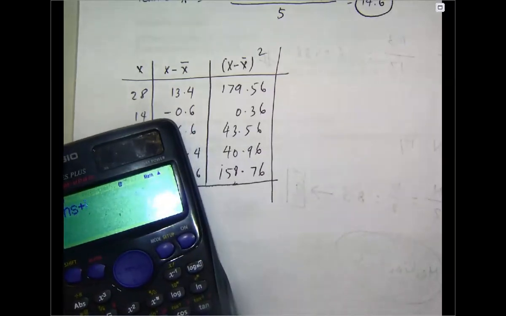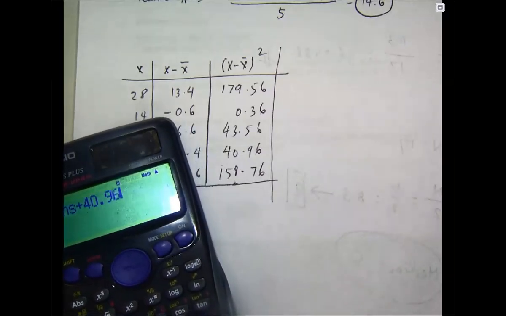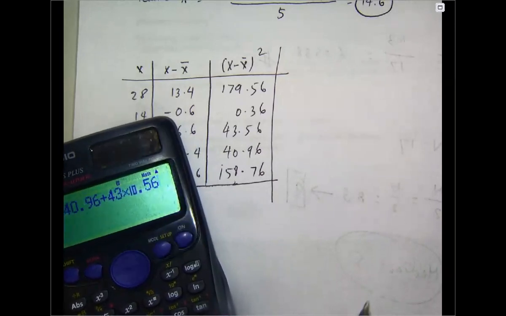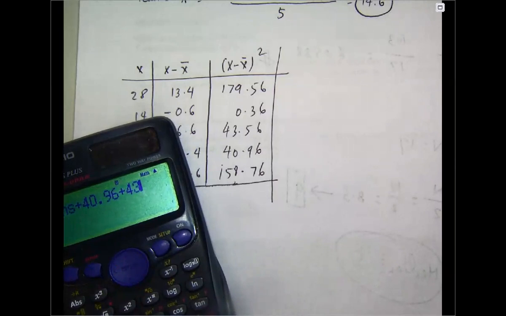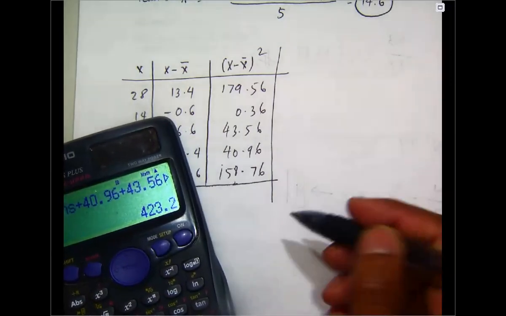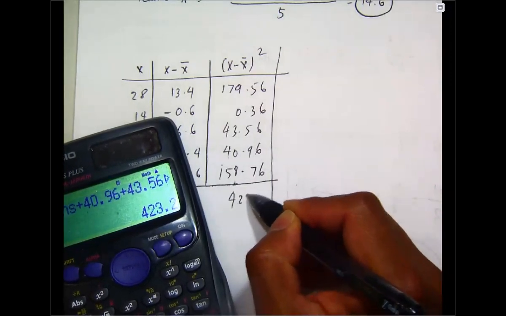Plus 40.96 plus 43.56 plus 0.36 plus 179.56. So if you add them all, it will be 423.2.